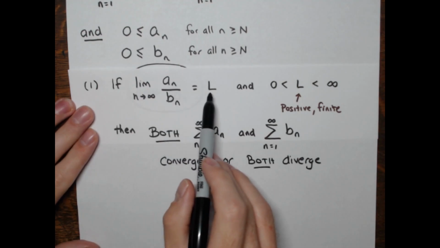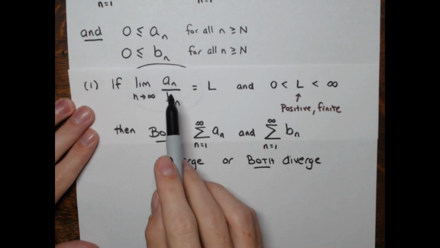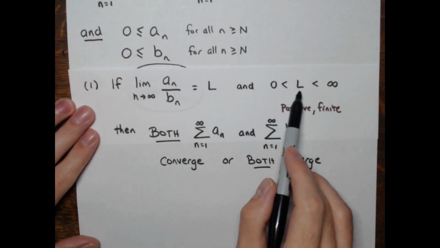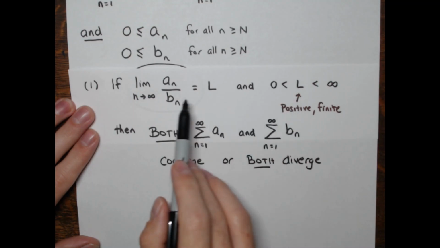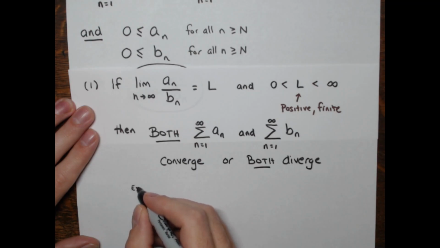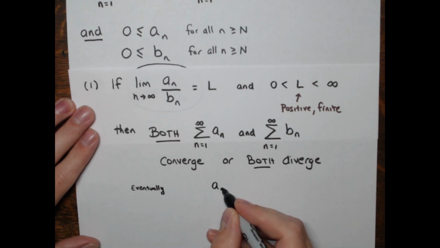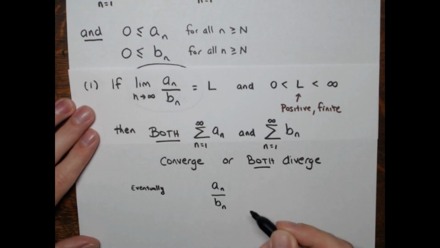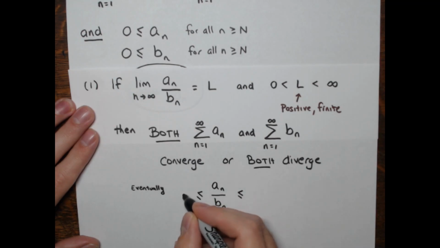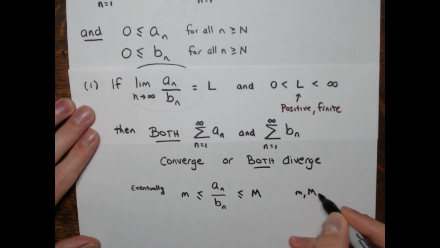So remember, if a sequence converges, if I take these ratios, a sub n over b sub n, and they converge to some number that's positive, that means eventually, a sub n over b sub n will be between some positive values, say lowercase m and uppercase M, where both these are positive.